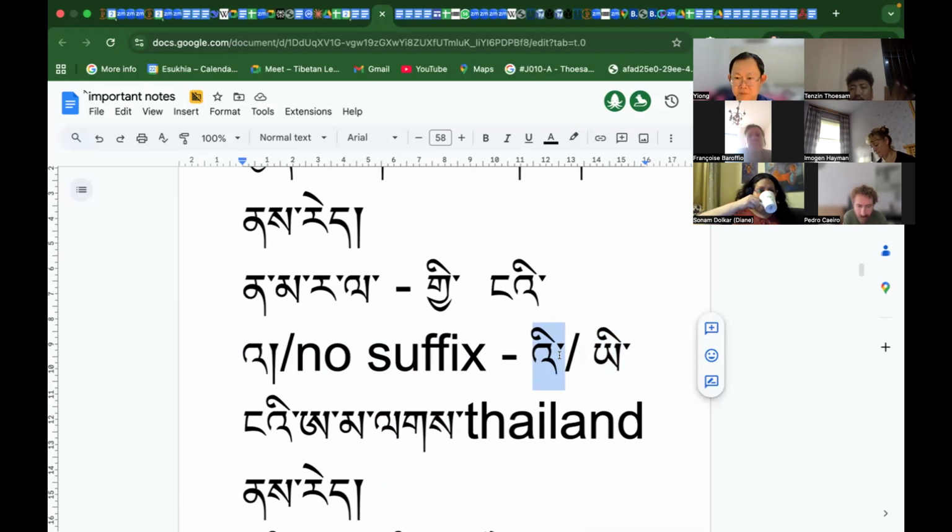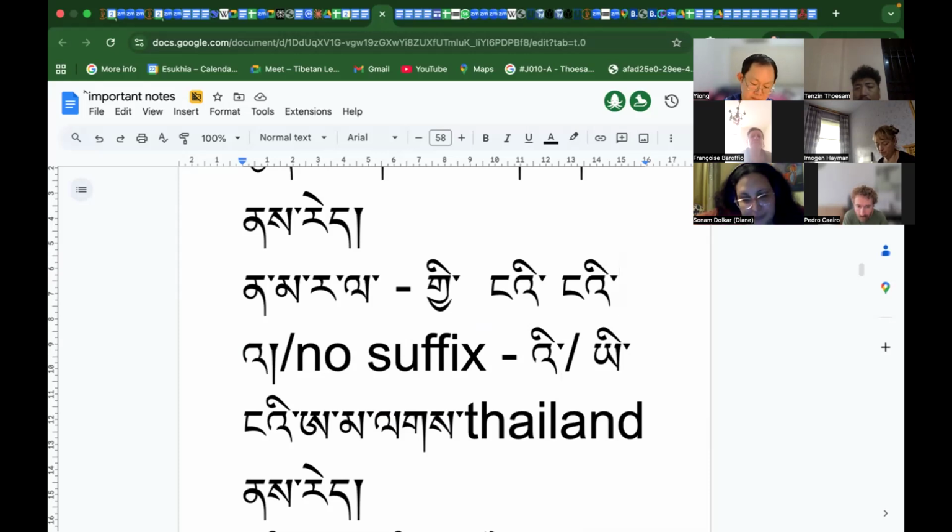You don't separate it. You attach it with no suffix. For example, nga, you attach it: nge. It's still one syllable. It is not like nga ki. It's not two syllables. It's one syllable. So when you say nga, it's nge.